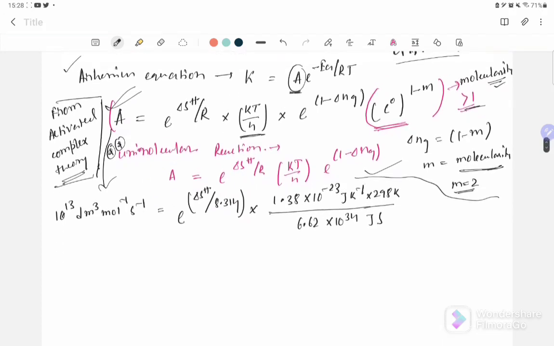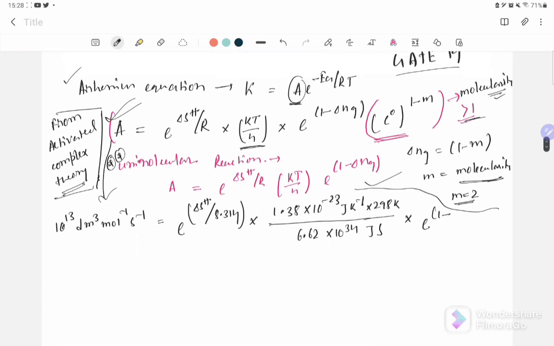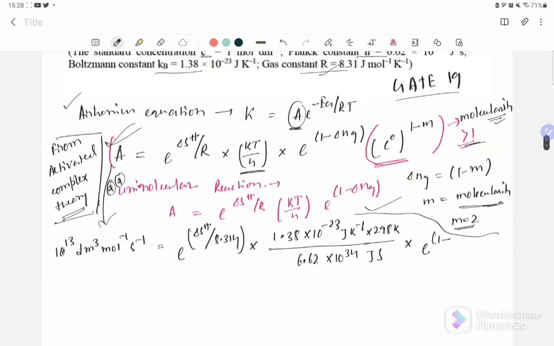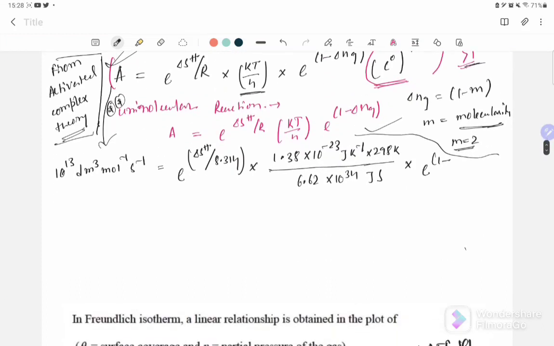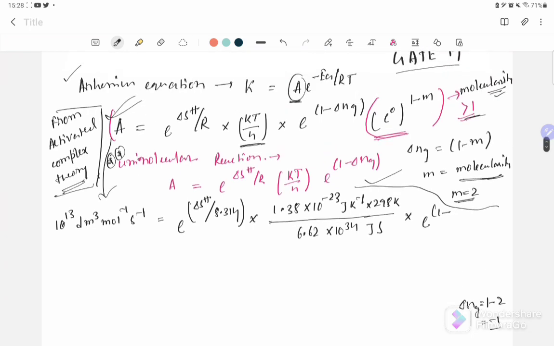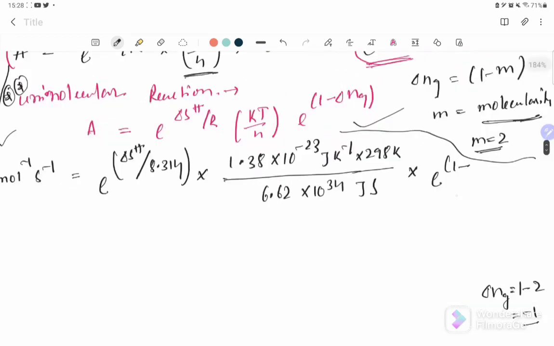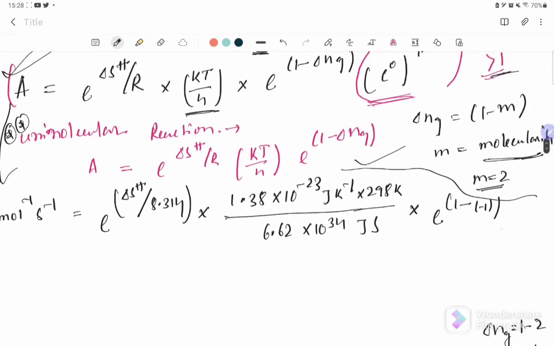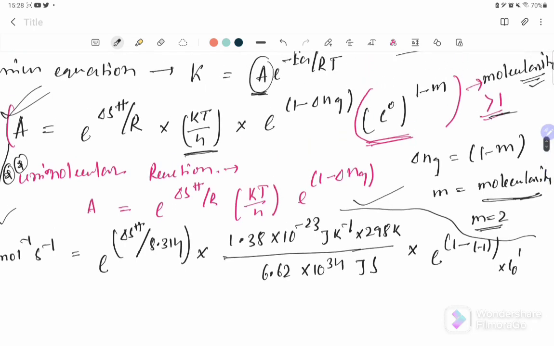And into e to the power 1 minus del n g. del n g is 1 minus m. m is 2, means minus 1. So 1 minus 1, into C0 to the power 1 minus m, 1 minus 2.